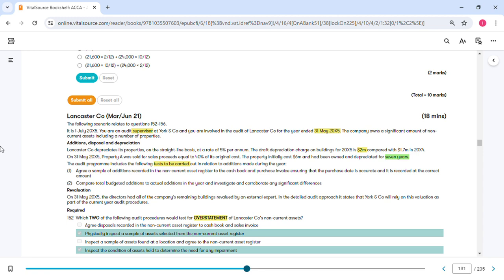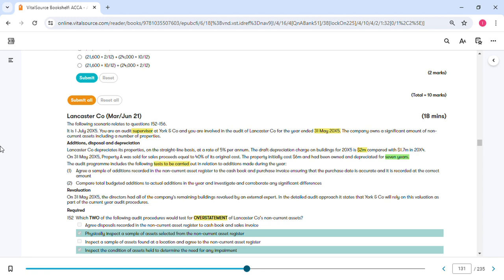Depreciation amount is equal to cost 6 million times 5% times 7 years. How much you will get? 2.1 million, sir. This is the depreciation amount.